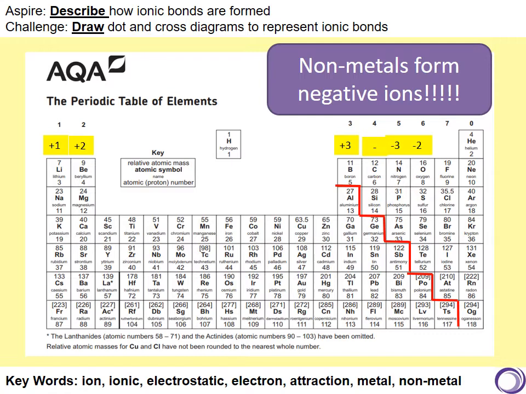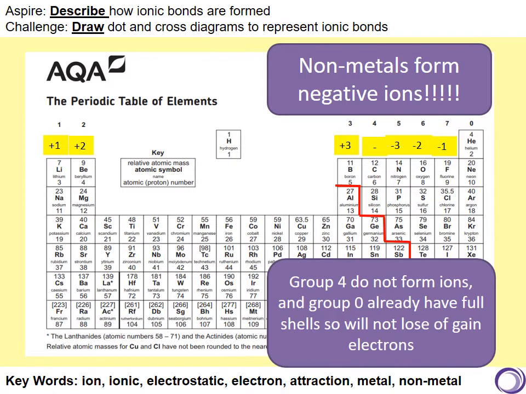So we've got -3, -2, -1. Group 4 do not form ions, and group 0 already have a full outer shell, so do not lose or gain electrons.